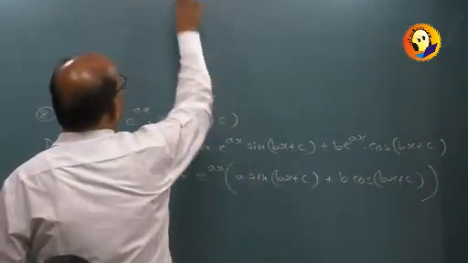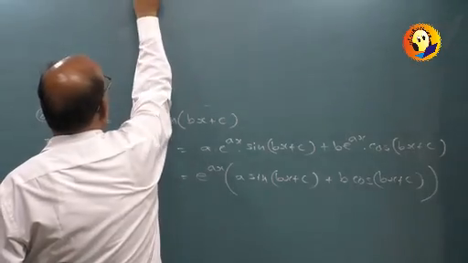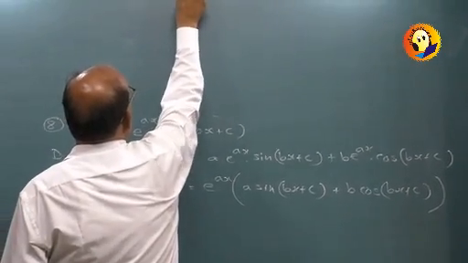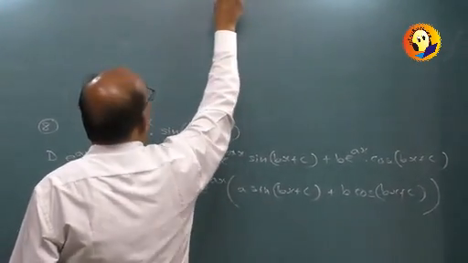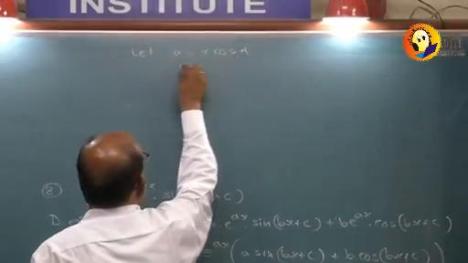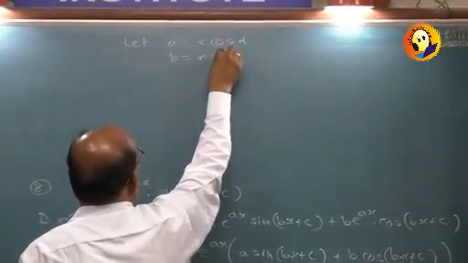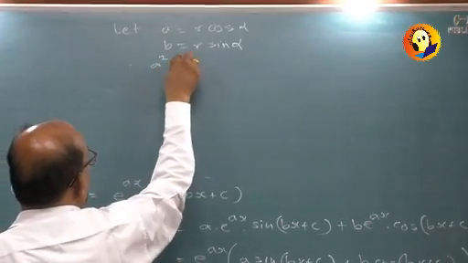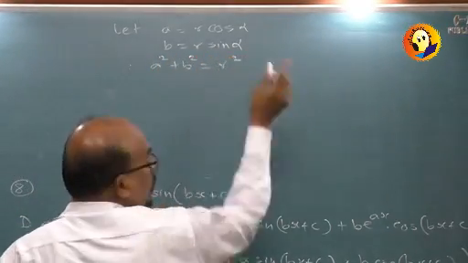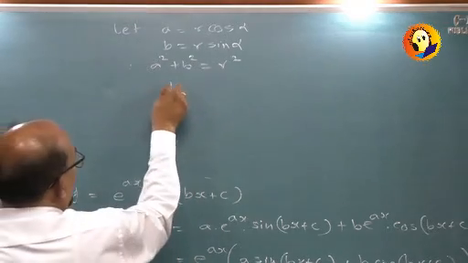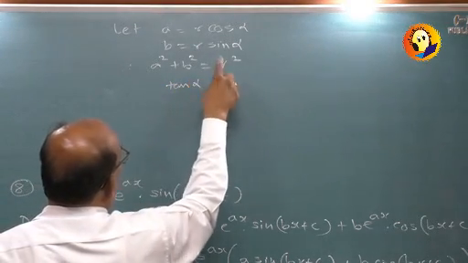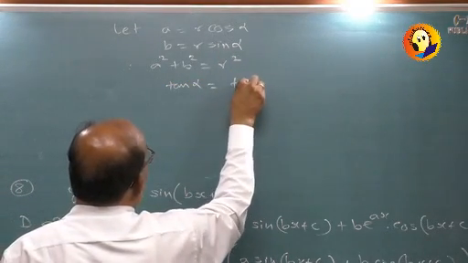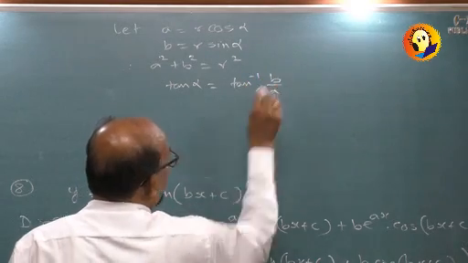Instead, I am going for a substitution in a similar way. I am saying that let a be equal to r cos alpha and b equal to r sin alpha. Therefore, a square plus b square is r square. That is what you are saying. And tan alpha is what? Tan inverse of b by a.